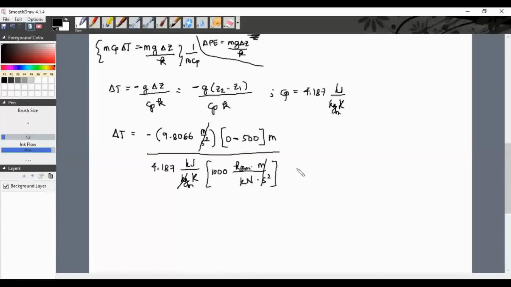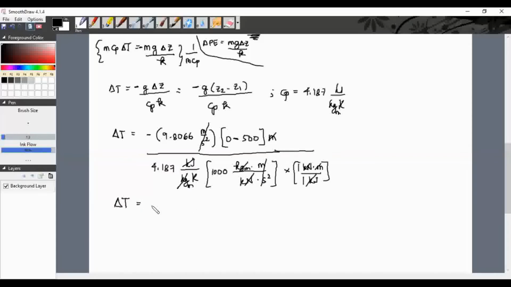Then convert the kilojoules. We all know that 1 kilojoule is equal to 1 kilonewton meter. So cancel these, and the remaining unit is Kelvin. Calculate using your calculator.